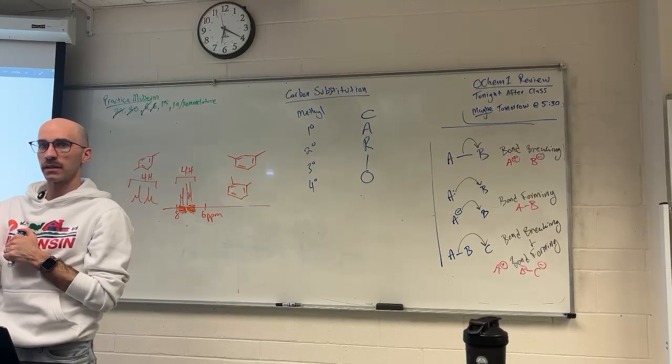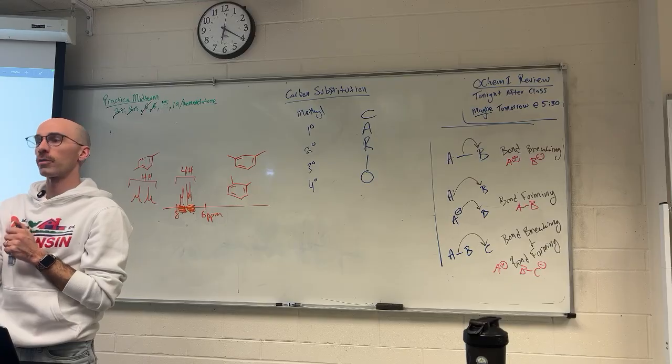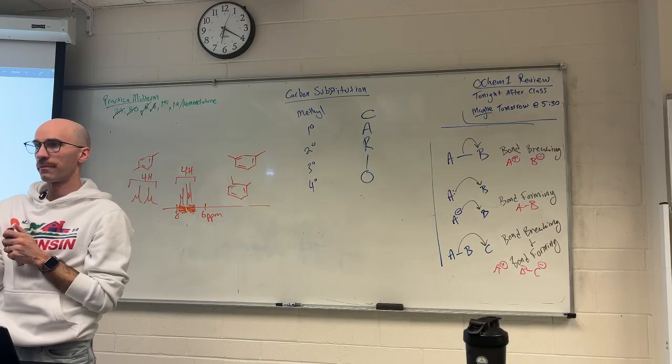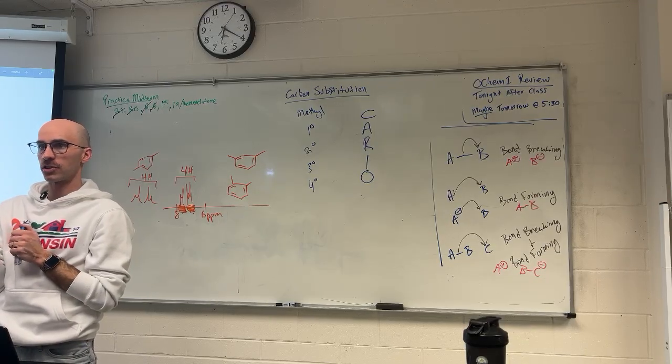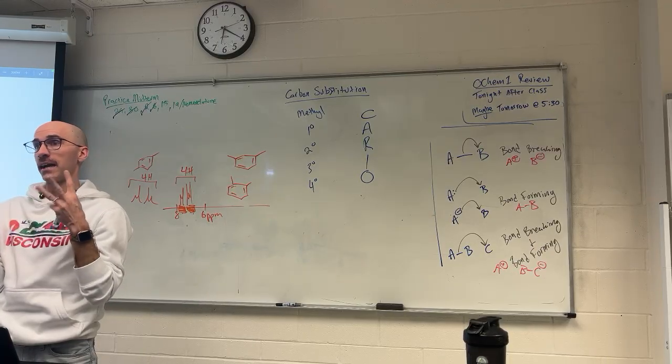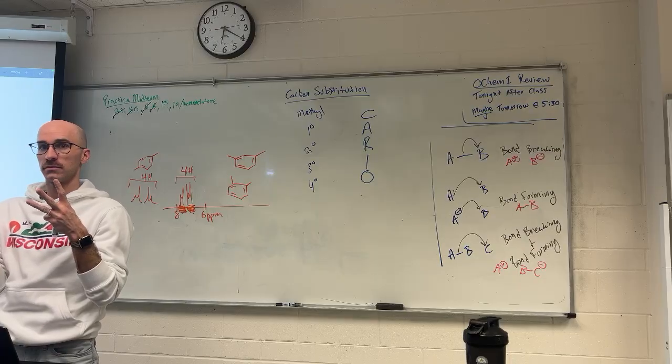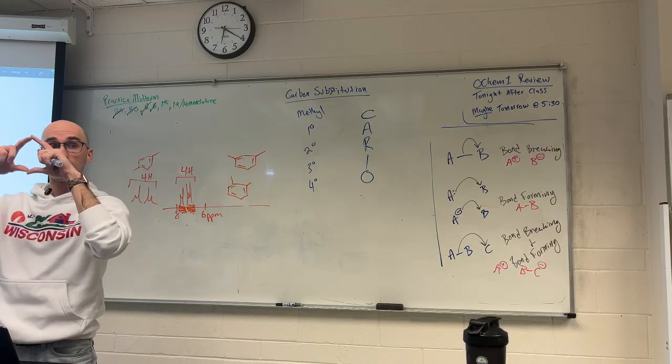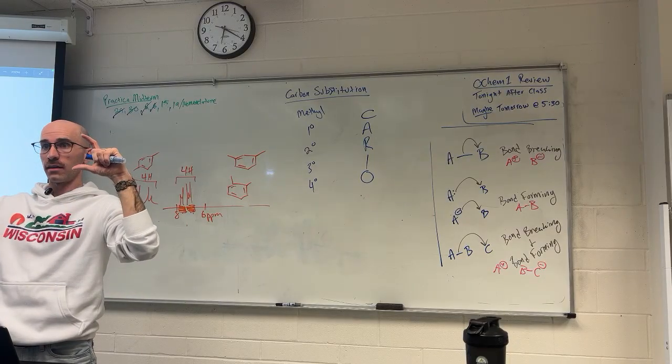Group 1 considers the acidity of what atom? Carbon. Group 2, oxygen. Group 3, nitrogen. Group 4, so I'm considering 3 atoms here. Carbon, nitrogen, and oxygen, which are all in the same family.